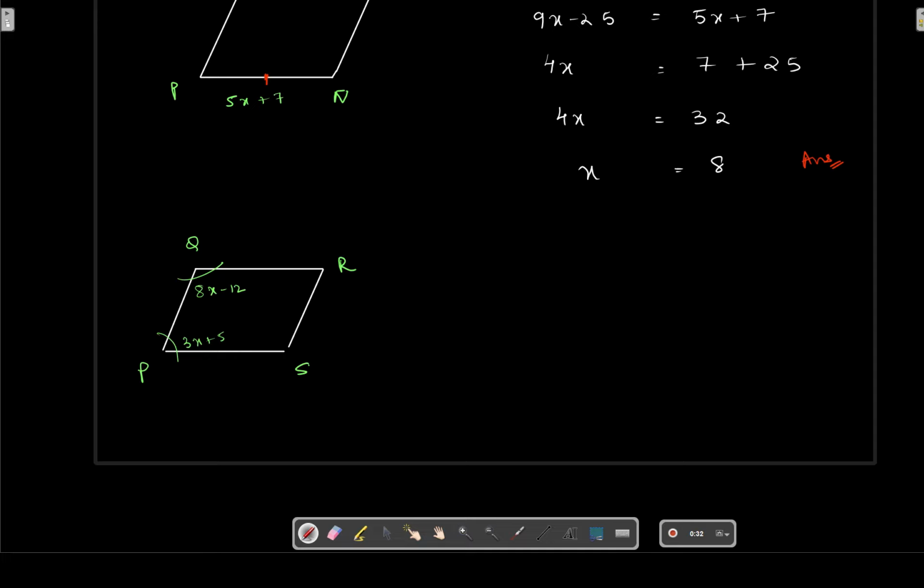Now see, angle Q and angle P, they are what? They are consecutive angles. So you know that in a parallelogram the consecutive angles are supplementary. So angle P and angle Q, both of them will add to 180 degrees. So angle P is 3x plus 5 and angle Q is 8x minus 12.